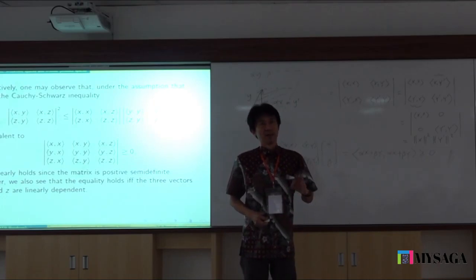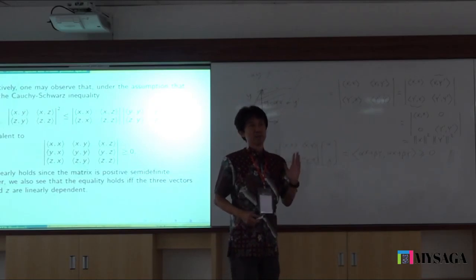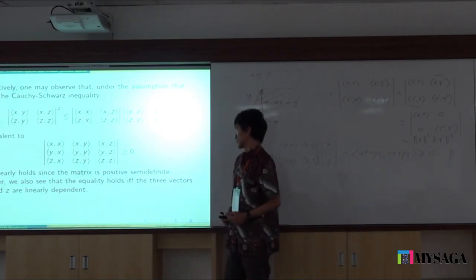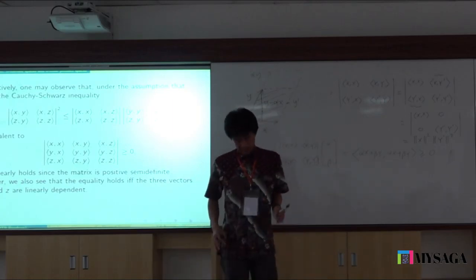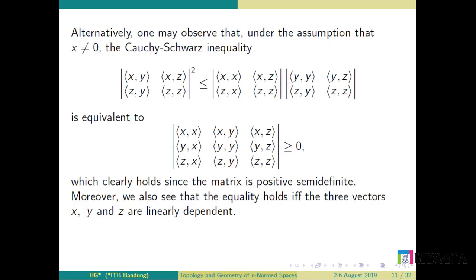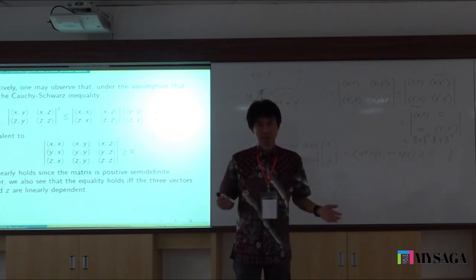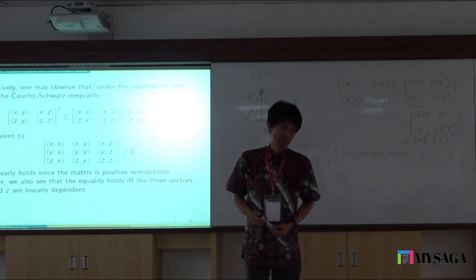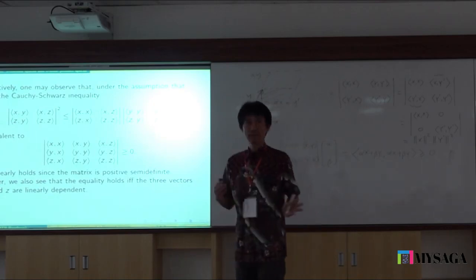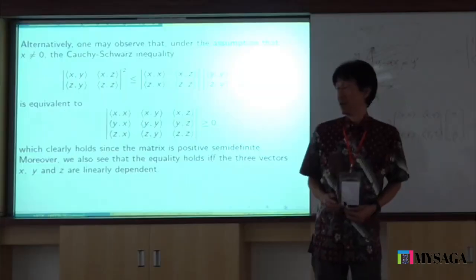So length times width times height, and it will be 0 if the three vectors are linearly dependent, meaning they don't build a three-dimensional thing, but maybe two-dimensional or even one-dimensional. So it has no volume. Okay, so to have a positive volume, they have to be linearly independent.